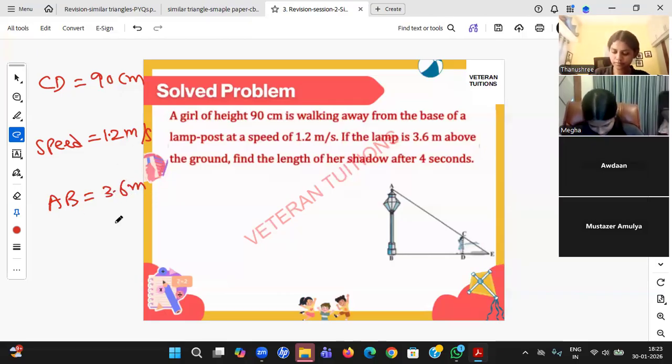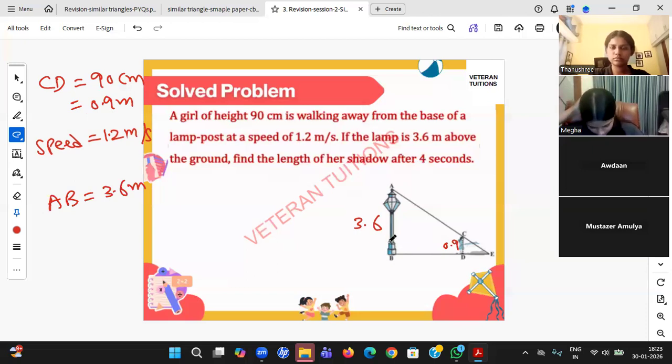You see, there are some meters and centimeters. Try to convert. So I'll write here, this is 3.6. The girl is 90 centimeters. Please convert into meters, 0.9 meter. The students who are not understanding conversion, ask me. I'll try to help you. 0.9 meter. Okay, now he's asking the length of her shadow after 4 seconds.